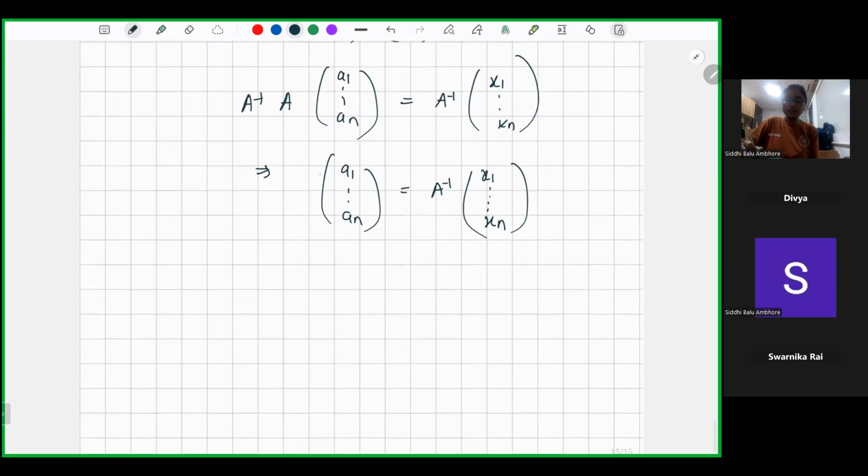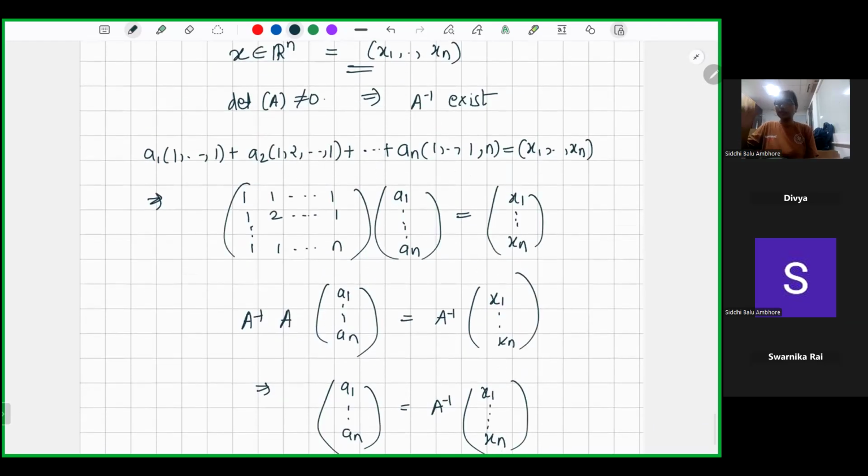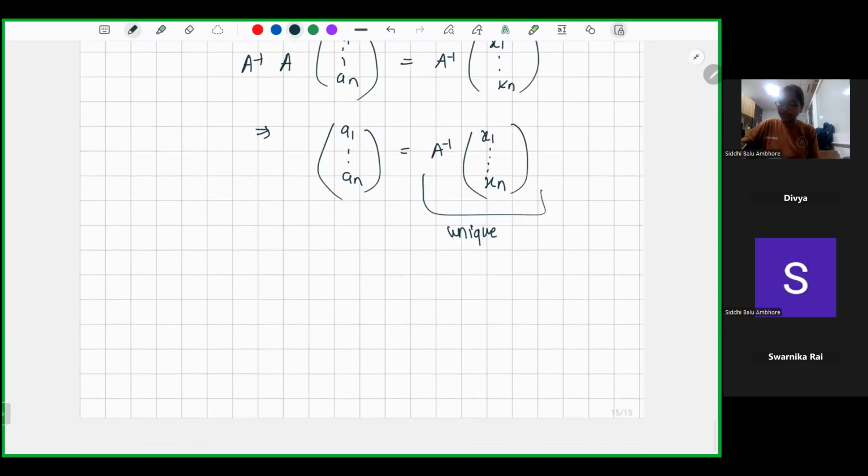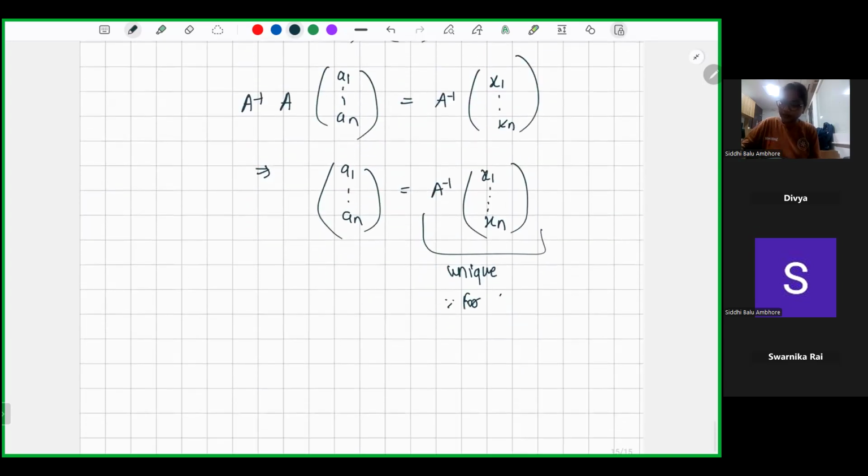This will be unique, because A inverse is unique, and since x1 to xn are fixed, the expression A inverse x1 to xn is again unique.